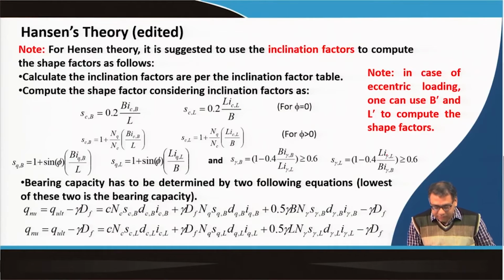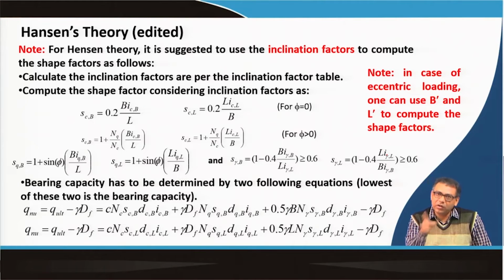One more thing that I want to mention: suppose your HL is 0, but only HB is present, then also you have to do this modification. That means you have to calculate the inclination factor, and then multiply this inclination factor with the shape factors. But in such a case, the 2 sets, SCB and SCL, are not required.